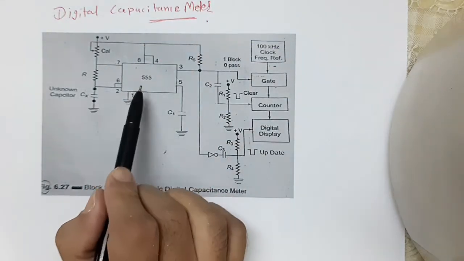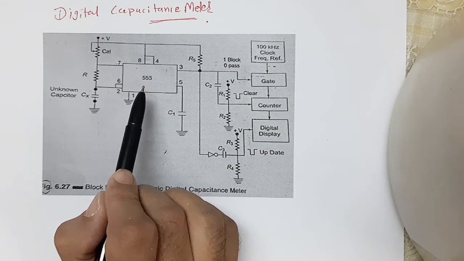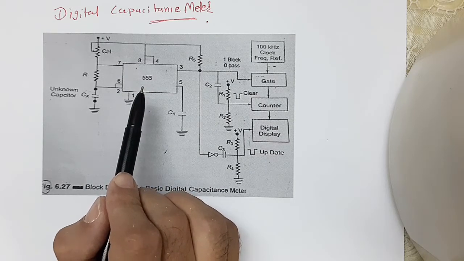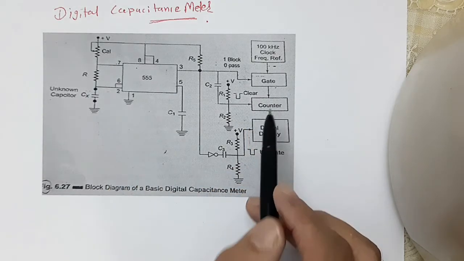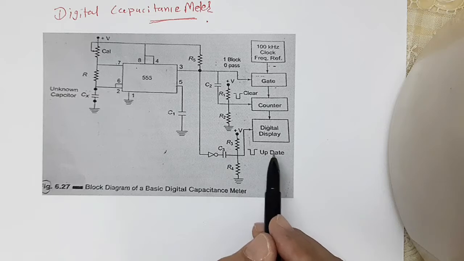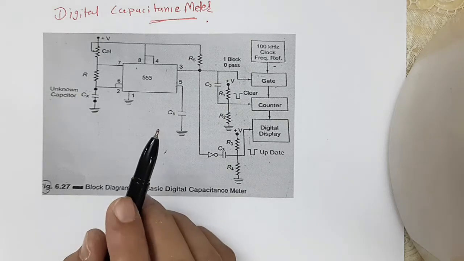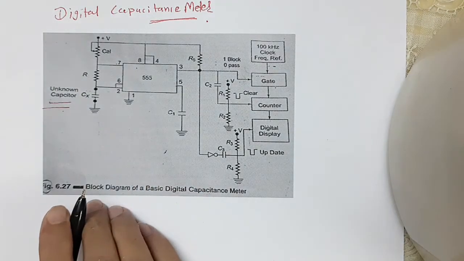Again, we are using here a 555 IC, 100 kilohertz clock, gate, counter, and this is our digital display. The unknown capacitor, that means this is our unknown capacitor, with the help of this circuit we can measure the value of the capacitance.